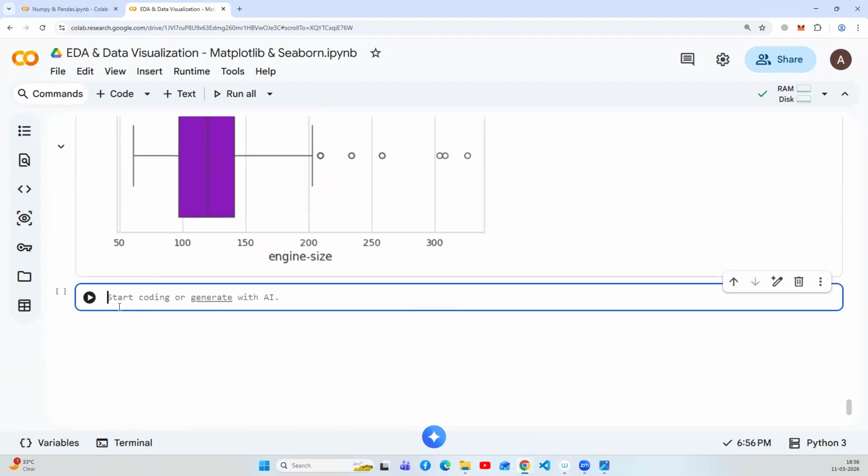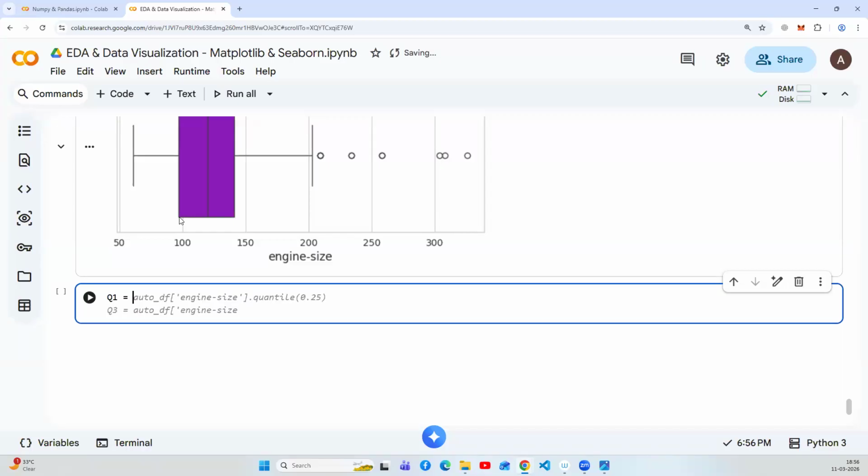In order to identify the outliers, first, what is this point? This is your quartile 1, or Q1. To calculate Q1, you write the data frame with the column name dot quantile and the 25th percentile. So Q1 is the 25th percentile.